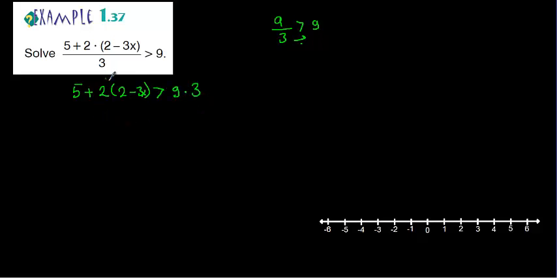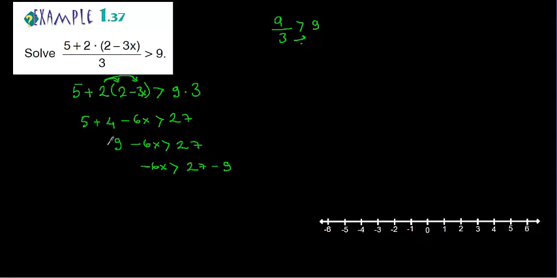Then we have to do distribution here, and it becomes 5 plus 2 times 2 is equal to 4, 2 times minus 3 is equal to minus 6x, greater than 27. 5 plus 4 is 9, so 9 minus 6x is greater than 27, minus 6x is greater than 27 minus 9.